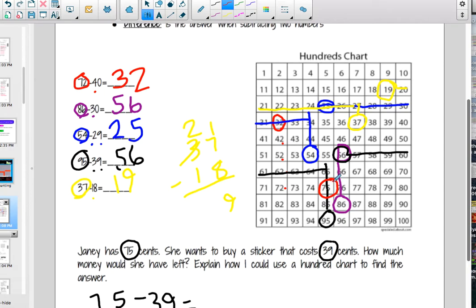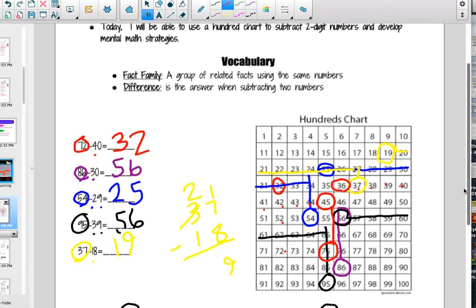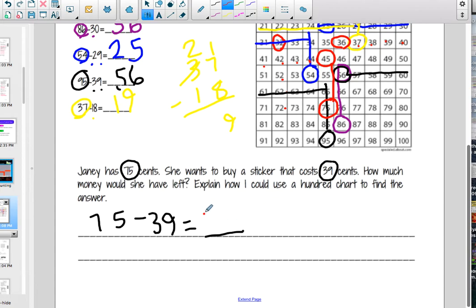You would say you would go up 3 tens, 10, 20, 30, stop at 45, and then move towards the left 9 times. 1, 2, 3, 4, 5, 6, 7, 8, and 9, which would give you an answer of 36.